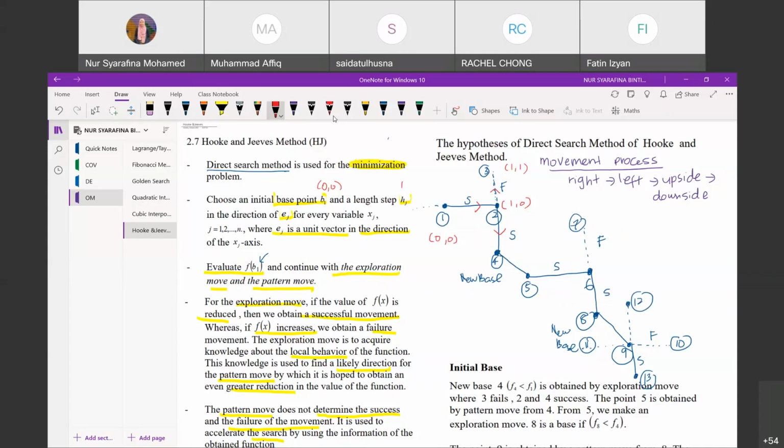Any question for this movement process? Understand or not? Clear? All right, good. Okay, so next. This is how we explain here.